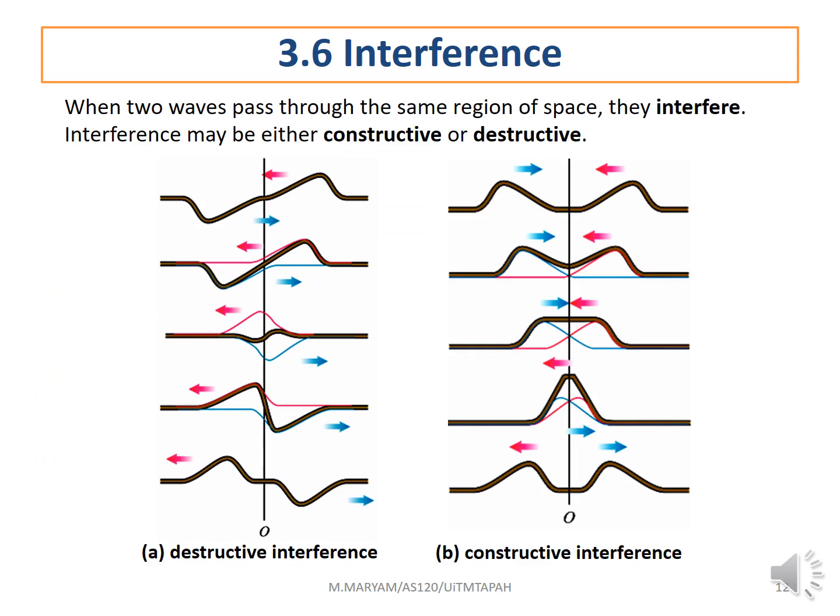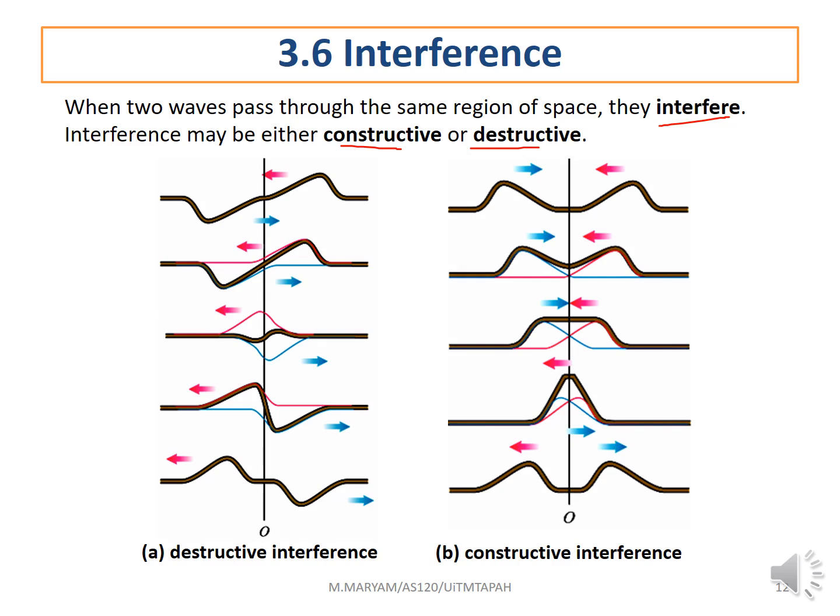As I mentioned, there are two types of interference based on the figure previously. When two waves pass through the same region of space, they will interfere. Interference may be either constructive or destructive.